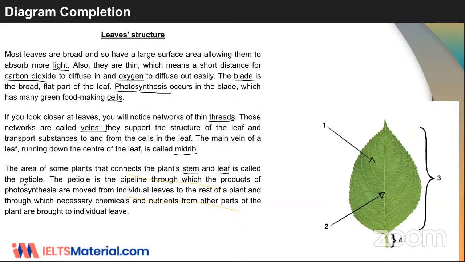Leaf is already there. Okay, petiole. And then we also have pipeline. Yes, correct. And then products of photosynthesis are moved from individual leaves to the rest of the plant, and through which necessary chemicals, nutrients, and other parts of the plant are brought to individual leaf.